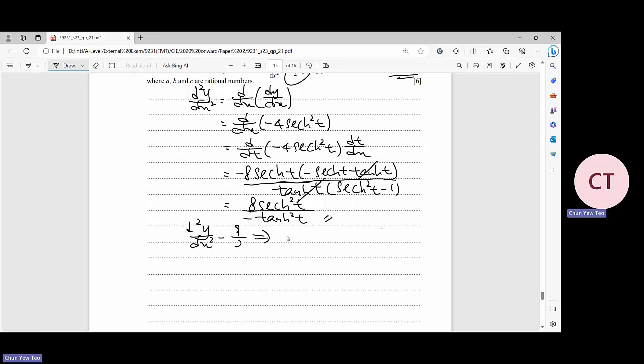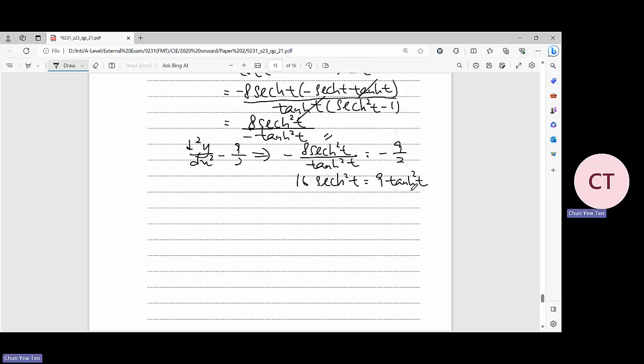So maybe we can remain it like this. That means negative 8 sec square t divided by tan square t is equal to negative 9 over 2. So you are having 16 sec square t equals 9 tan square t.